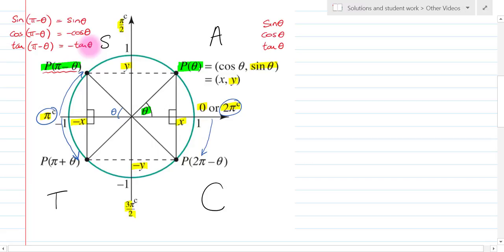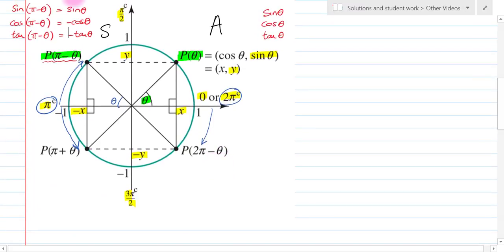And so we have the same thing in the third and the fourth quadrant. And again, I'll rub out these CAST diagram symbols and replace them. We have sine of pi plus theta. Now keep in mind tan is the only one that's positive, so it's equal to negative sine theta. Cos of pi plus theta is equal to negative cos theta.